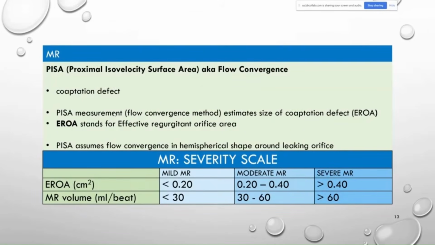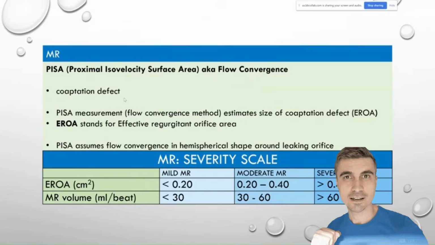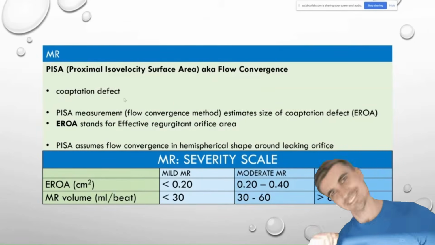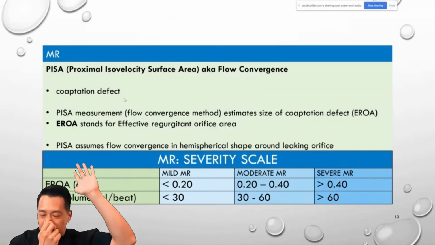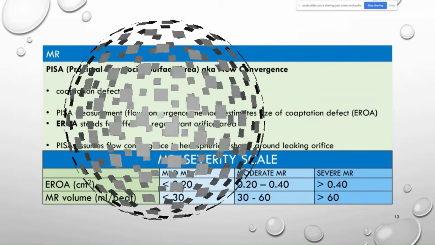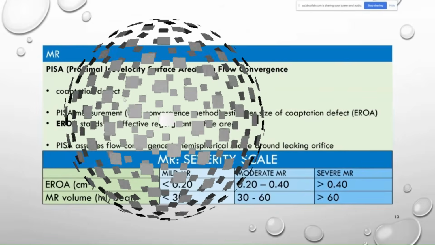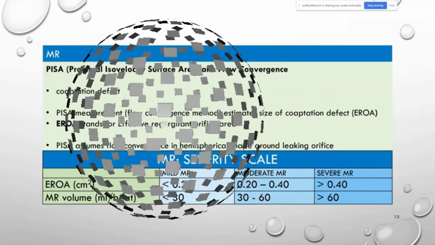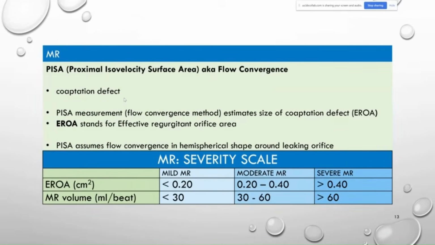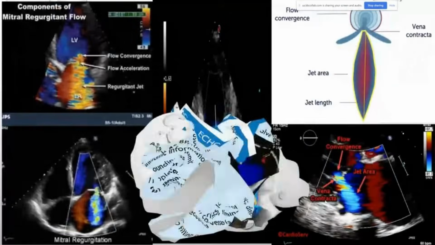So we end up getting the effective regurgitant orifice area, or EROA. Now, one downside of PISA, it assumes that the place where the convergence is happening is a spherical shape. Like it's forming a spherical shape around the leaking part, which is not really the case.